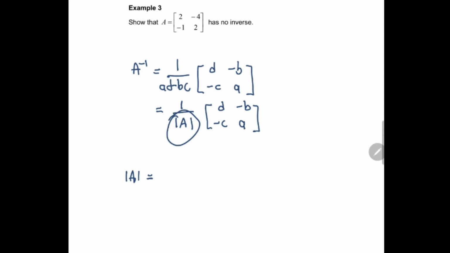By proving that the determinant you get is 0. So there is no inverse for this matrix.